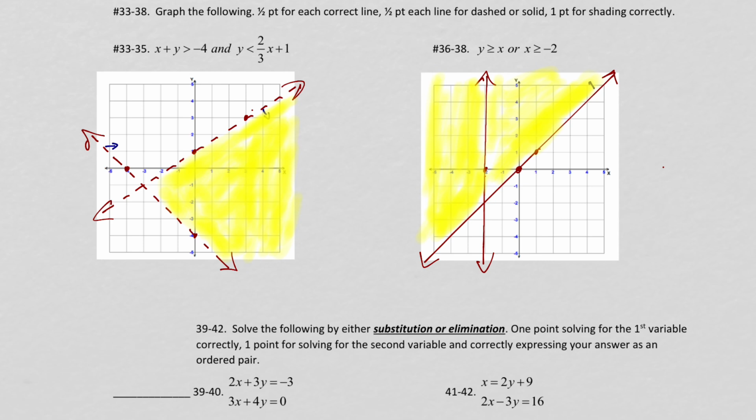Okay, and then for this, greater than or equal to 2 is everything on this side of this line. So then I have to include all of this stuff. And the only stuff that doesn't get shaded is this little portion right here.